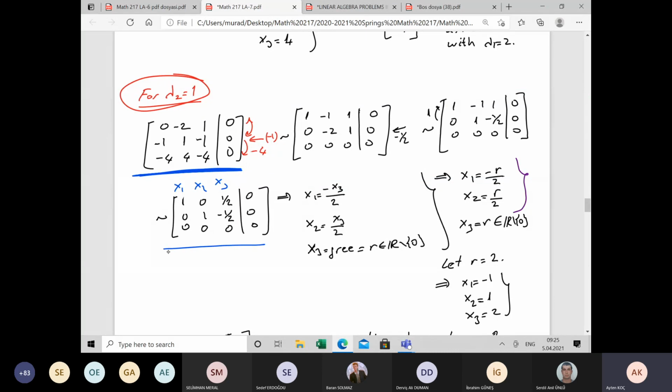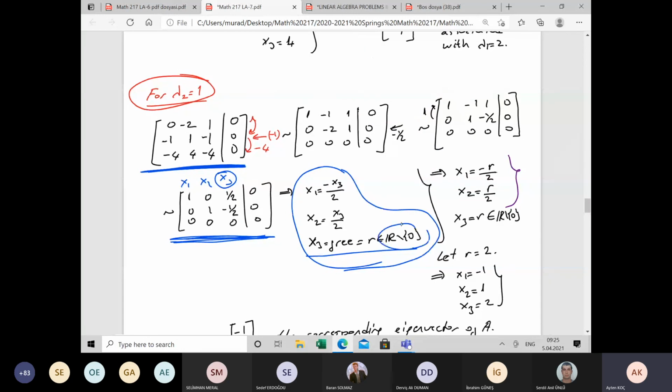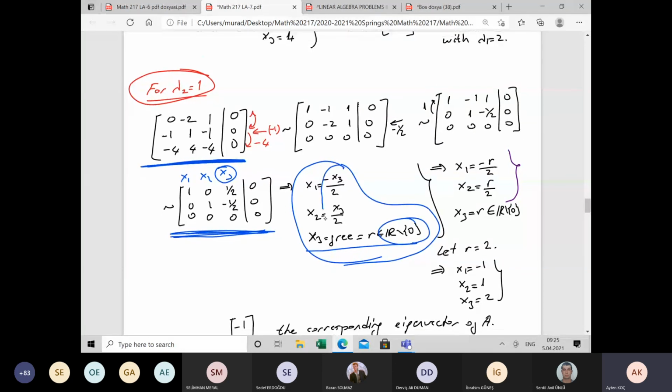We obtain no leading one for x3, so x3 is the free variable, but be careful, it should be non-zero. Our aim is to get the smallest integer numbers. So substitute r is 2. We obtain minus 1, 2, and 2.